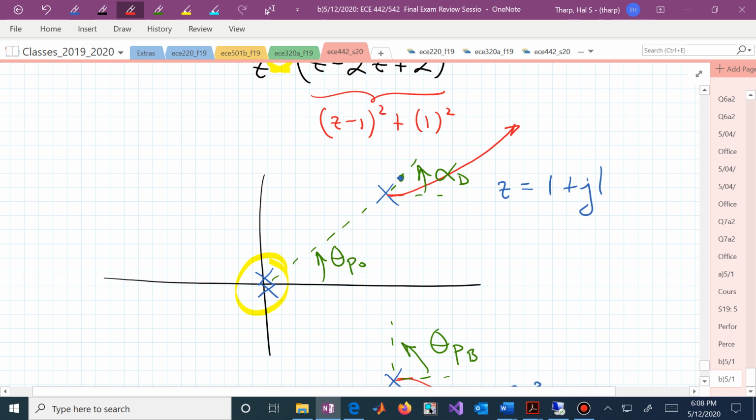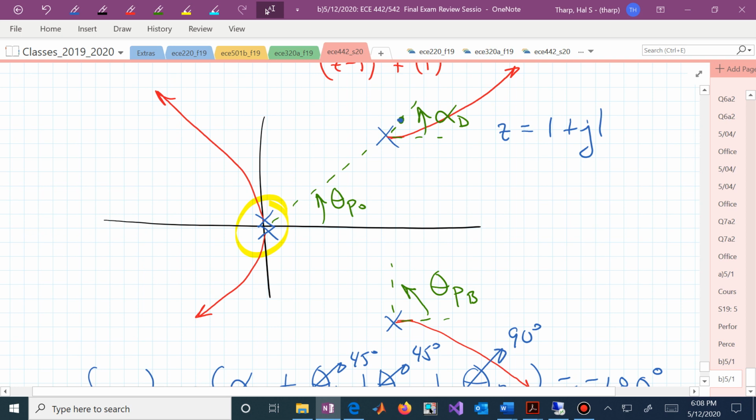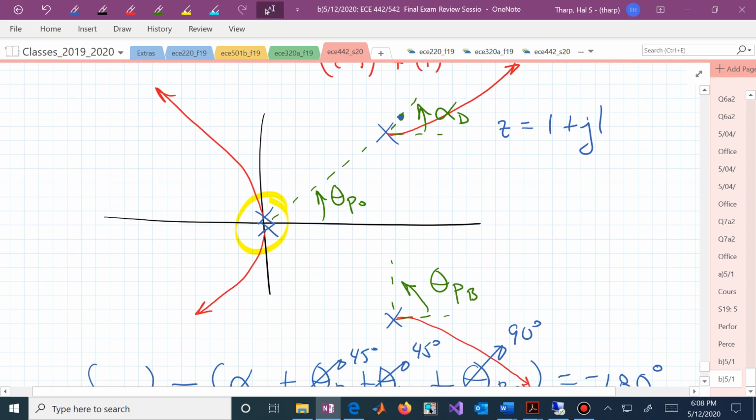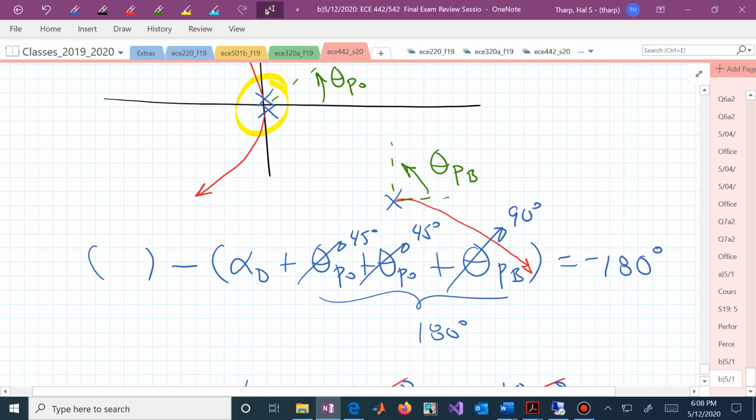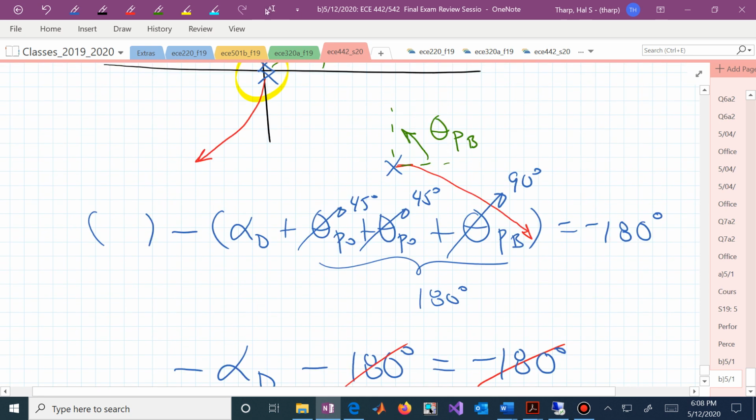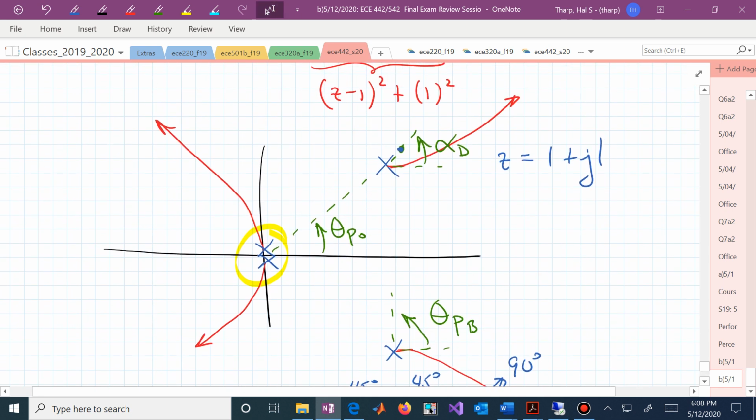This will be going off to 135, and that's now the rough sketch of what this looks like root locus wise. We weren't asked that. We were just asked for theta sub d, but I hope you see that we can have a 0 degrees for a departure angle from our complex poles.